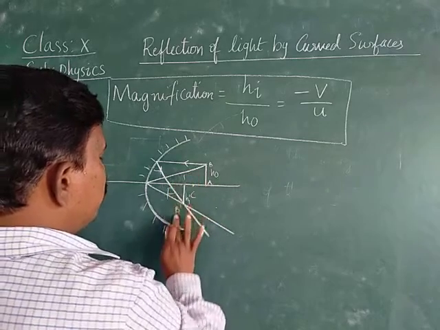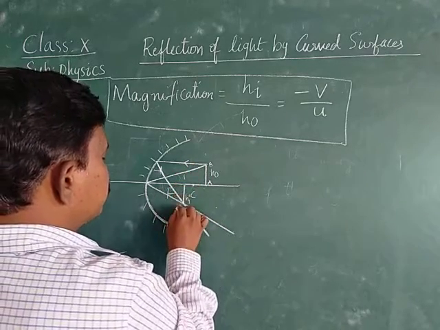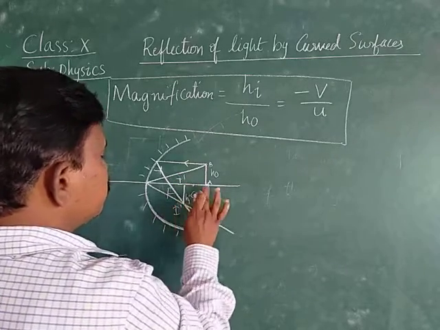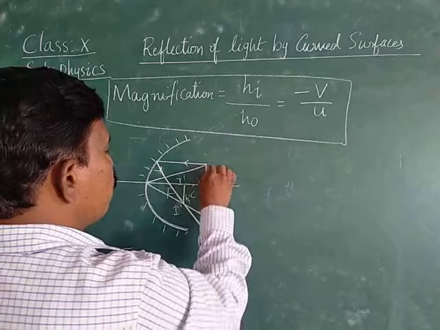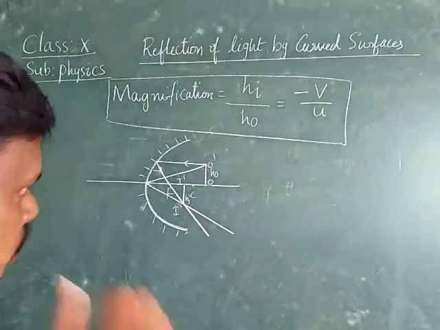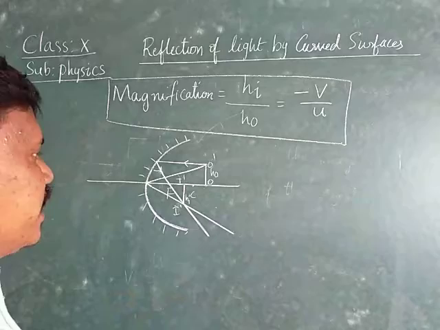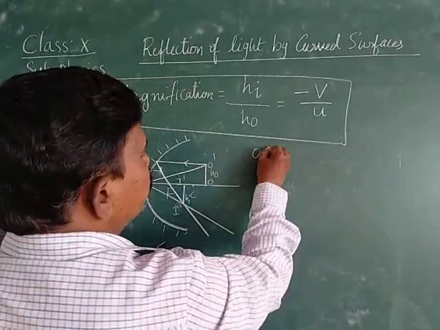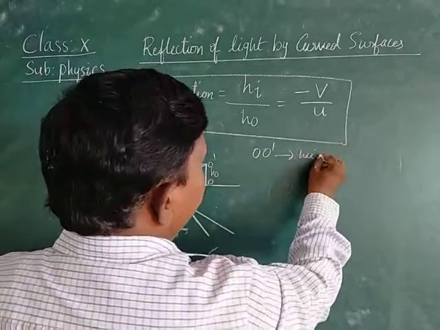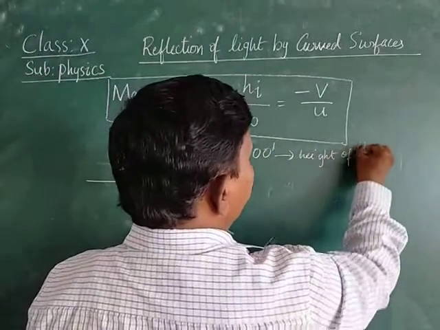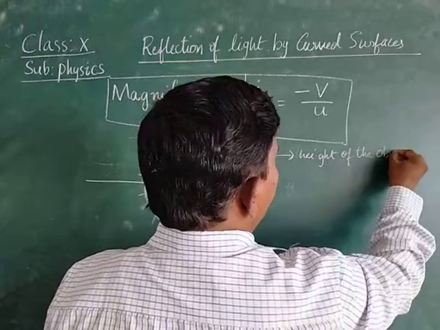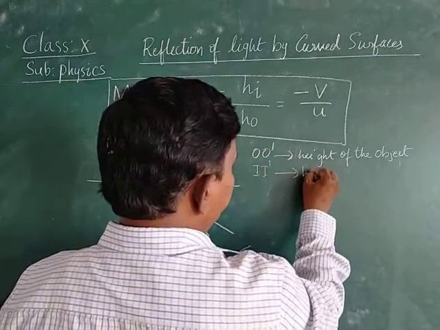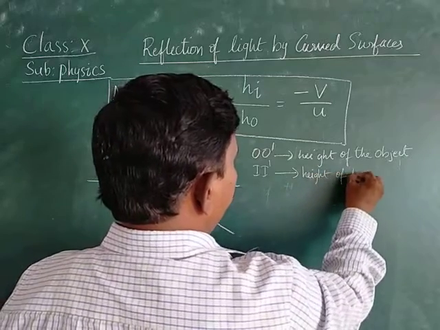Now I am taking this as O dash and this as I dash. O dash is the height of the object, and I dash is the height of the image.